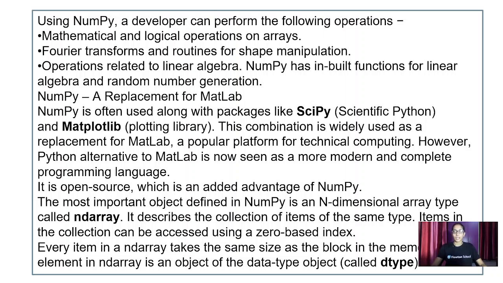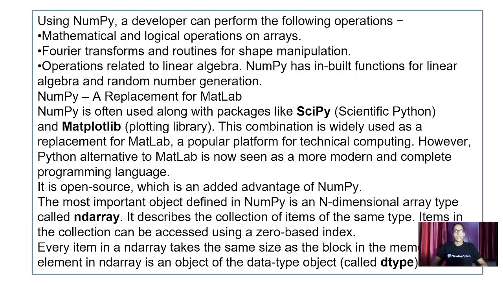First of all, it has mathematical and logical operations on arrays. If any command fails, it gives an error, that is a traceback error. Mathematical and logical operations are both implemented on the array.